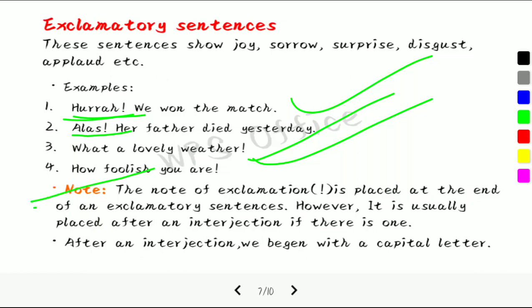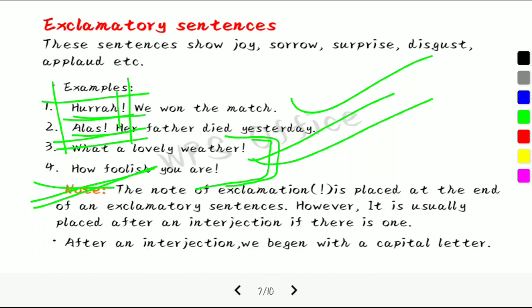But we must note that the note of exclamation is placed at the end of the exclamatory sentence. Like here in these two sentences, we have placed it at the end of the sentence. However, it is usually placed after an interjection, if there is one, like in these two sentences.